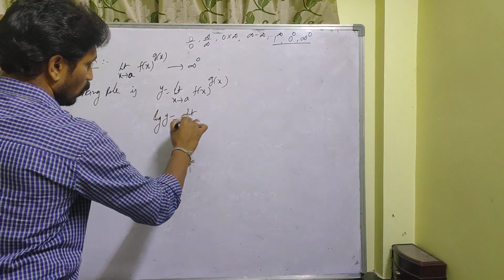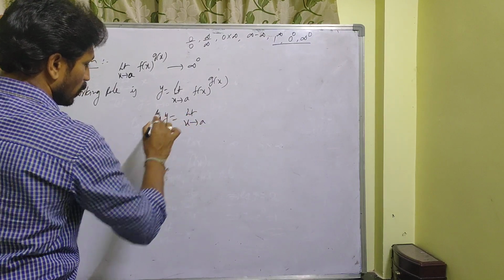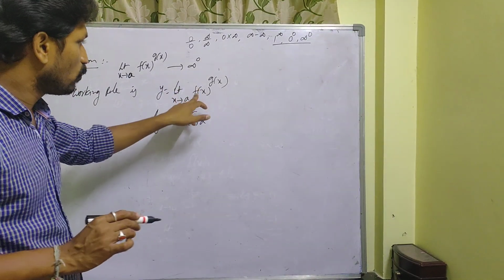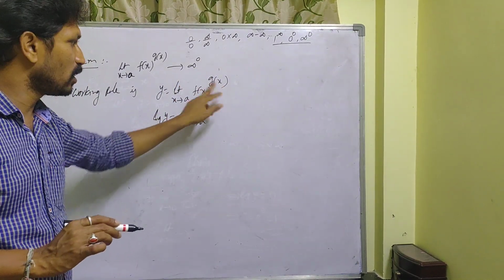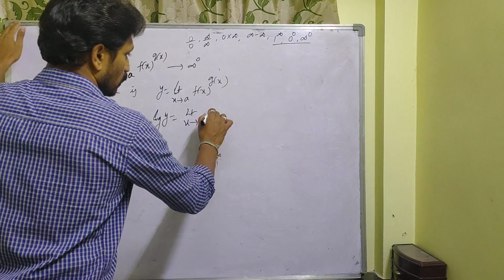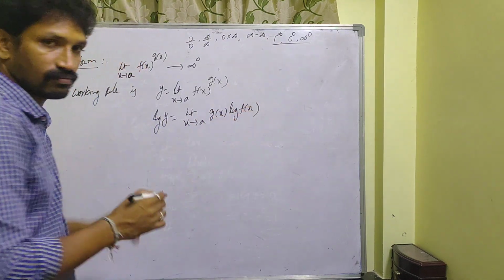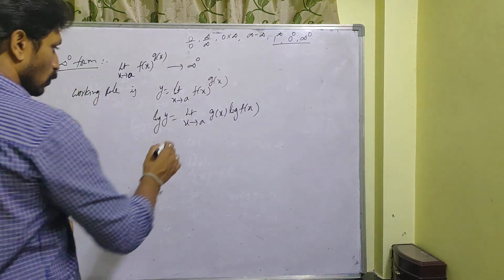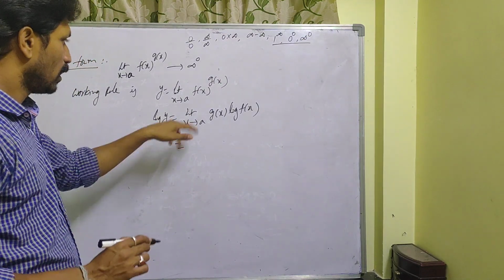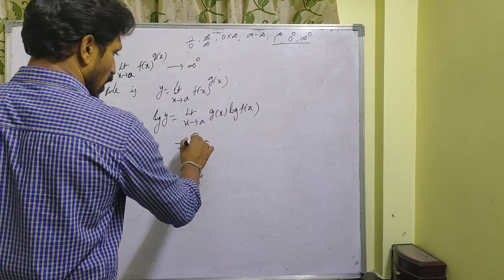Then log y is equal to limit x tends to a. See here, the same: if we apply log for this function, this g of x comes to the front, that is g of x into log of f of x. So this is equal to limit x tends to a.